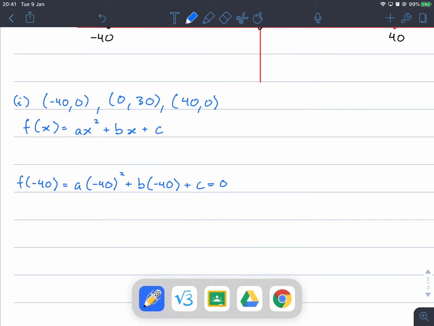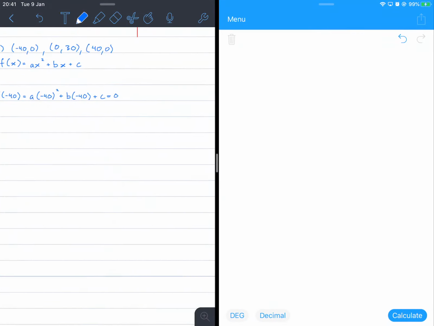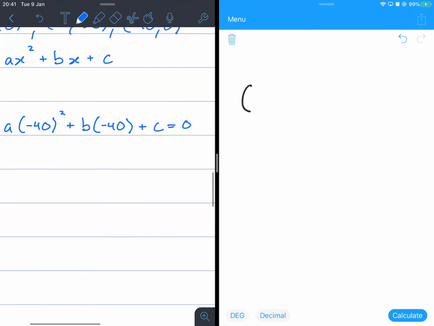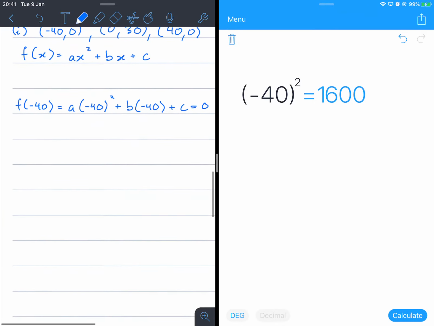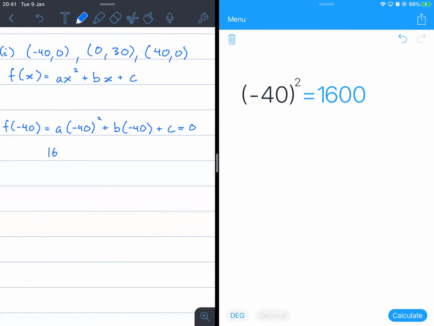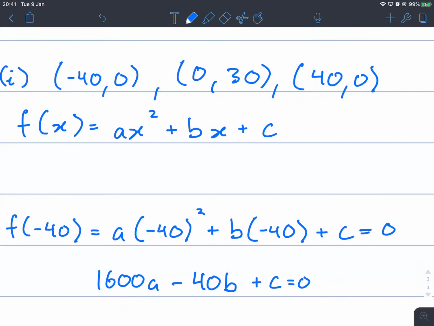Evaluating these numbers, it's going to be very large numbers. Negative 40 squared is 1600a, plus minus 40b plus c is equal to 0.